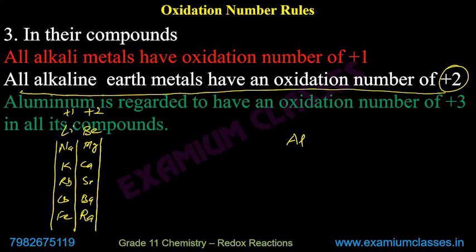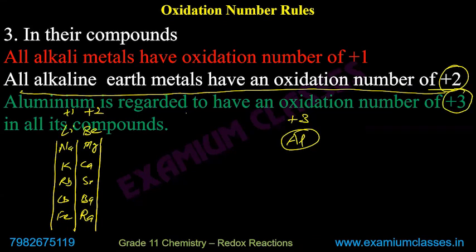These have +2. Aluminium will always have +3. We are not talking about all of group 13, only aluminium always has +3, meaning it transfers 3 electrons. The reason is very simple. So aluminium is regarded to have an oxidation number always 3 in all its compounds.